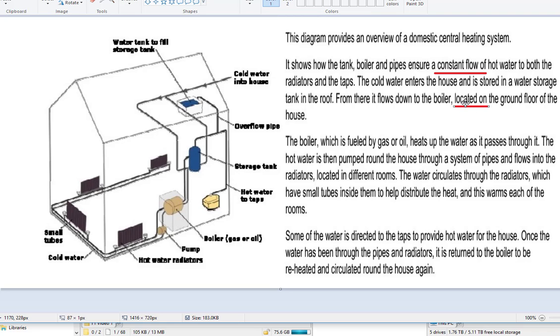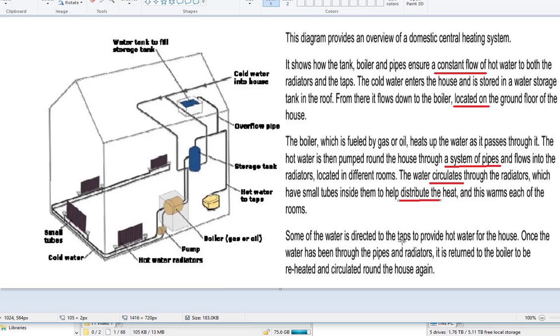It's used to describe where the boiler is. That's good. If the system of pipes circulates, which the writer came up with by looking at the arrows in the diagram, distribute the heat.